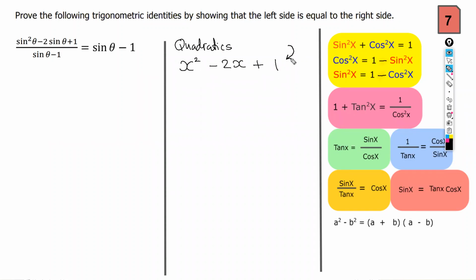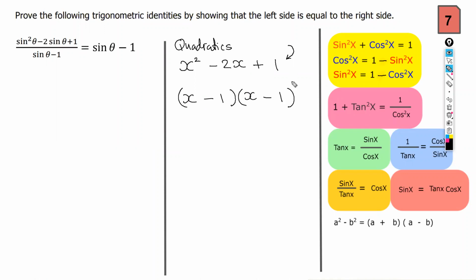Remember, when you factorize it, you will get 2 pairs of brackets. See if you can get what goes inside the brackets. This question stems back from regular maths. So I want you to think quadratics. When you factorize this, you'll get an x here, a minus 1, and a minus 1.